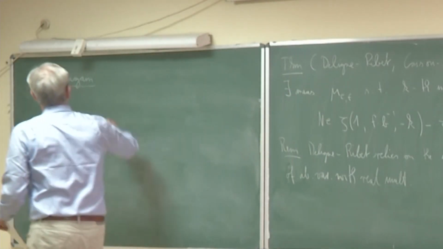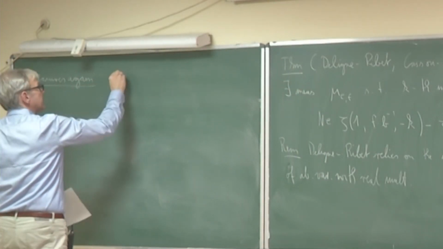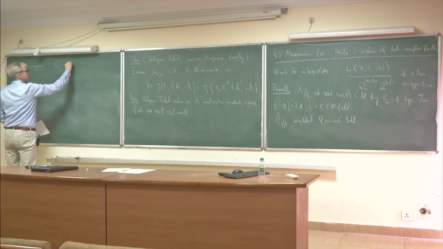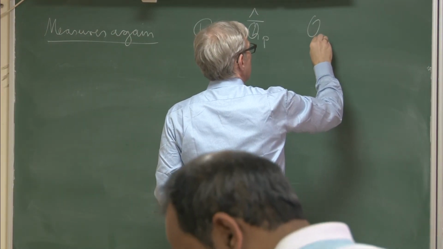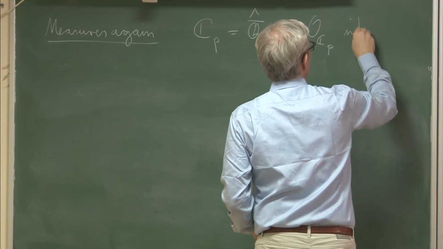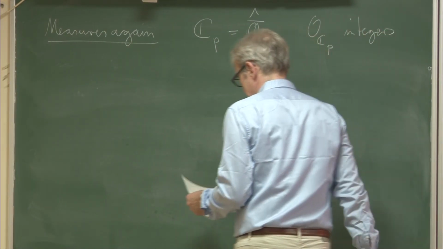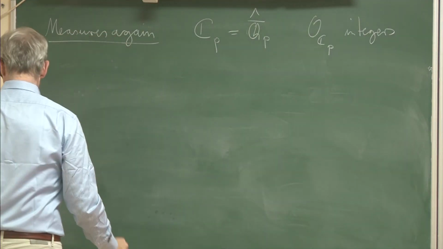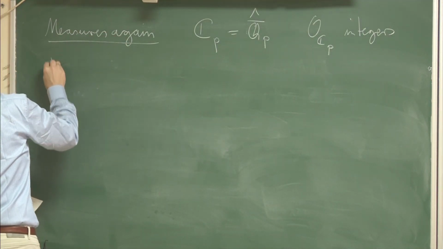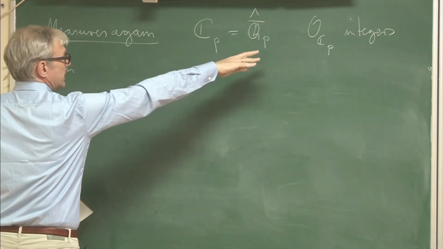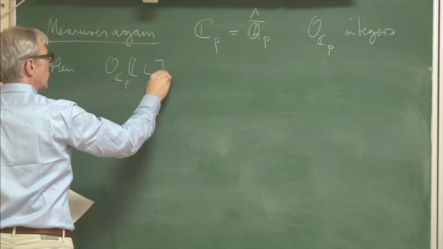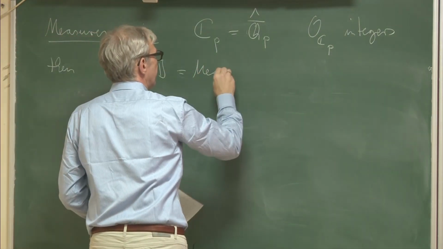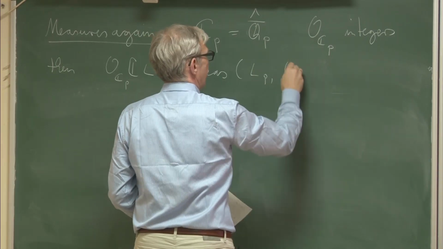To keep things simple, I just work with C_p. So you take the algebraic closure of Q_p and complete it, and the integers in this ring is O_{C_p}. And then we know, because this is p-adically complete and separated, the O_{C_p} completed group algebra, these were the measures on L_p, now with values in O_{C_p}.